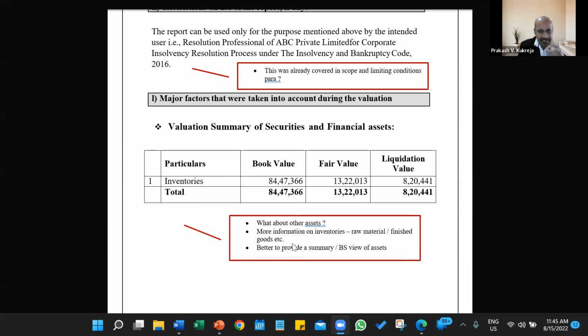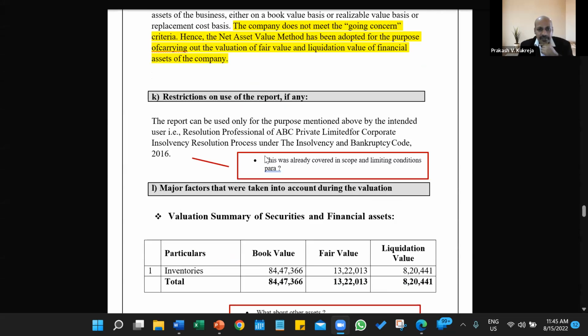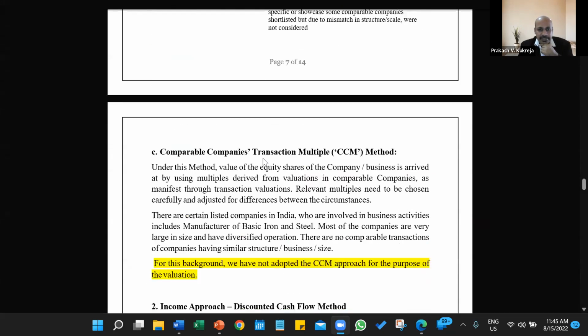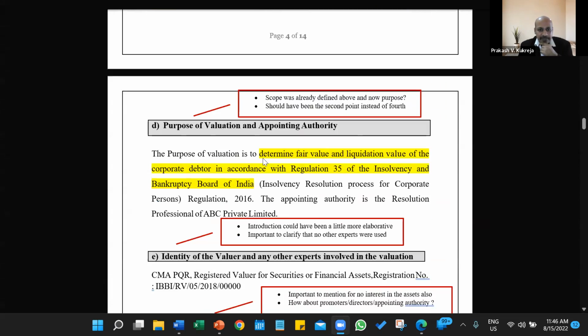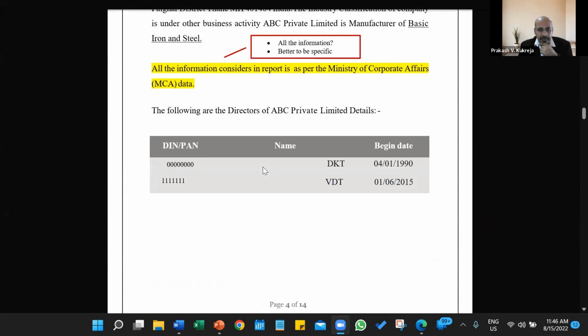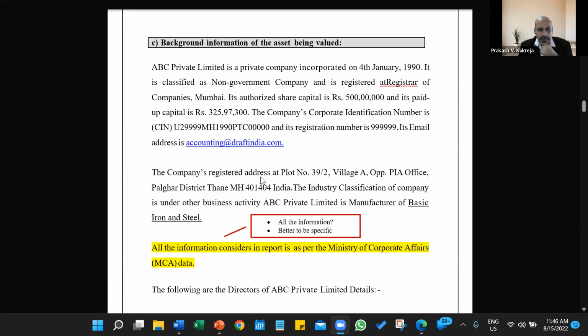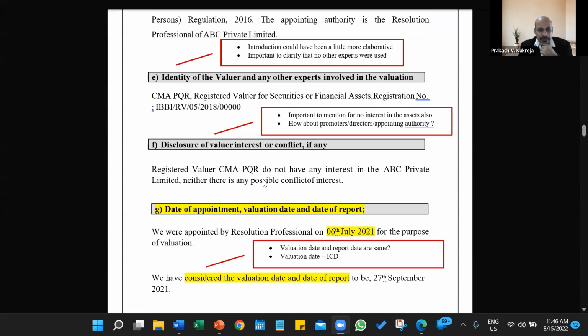So going back, somebody was talking about this, I just want to give an example about inventory. Let me go back over here. Just give me 1 minute.